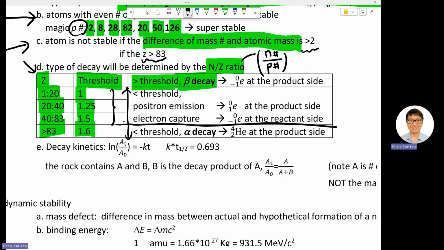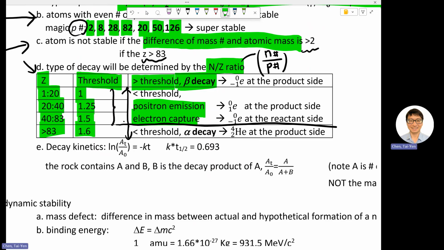If your N to Z ratio is smaller than the threshold, which will change among groups 1, 2, and 3, then what you're going to have is either a positron emission or electron capture. So these are the 2 decays you're going to have.